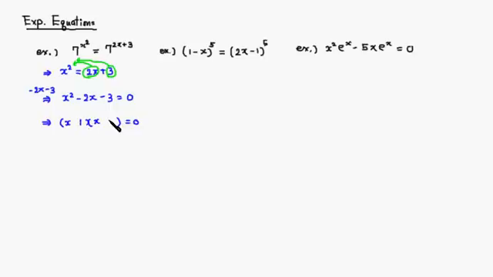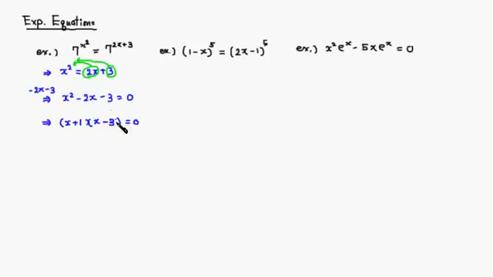Then the sum has to be negative 2, which means we put the negative sign on 3 and a positive sign on 1. Positive 1 times negative 3 gives you negative 3, which is good, and positive 1 plus negative 3 is negative 2, so it works out.